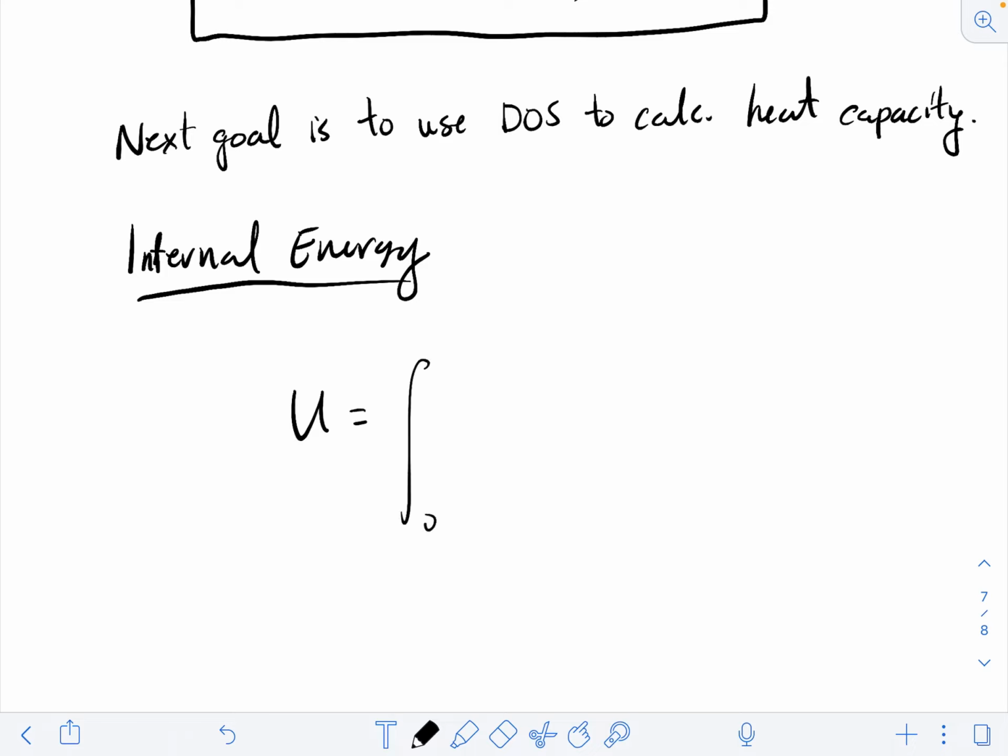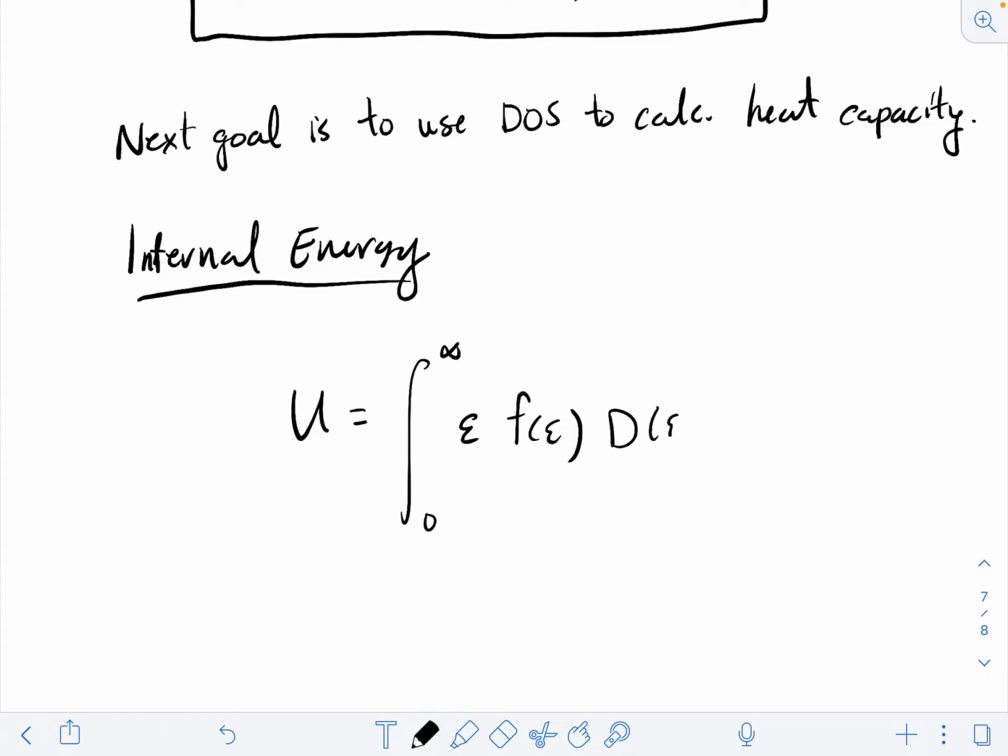So U is equal to, let's see, the following. There's going to be an energy times the probability that a state is occupied, the Fermi-Dirac distribution, right? So we only have to include the energy of a state if that state is occupied.